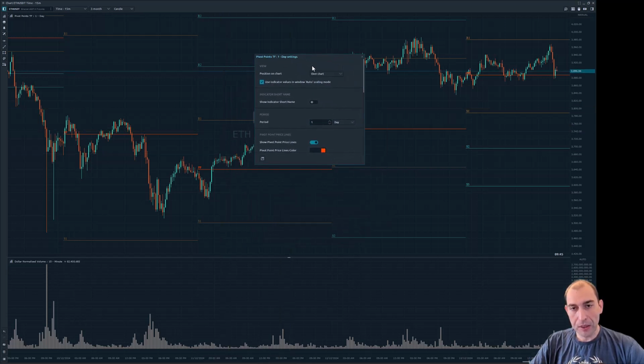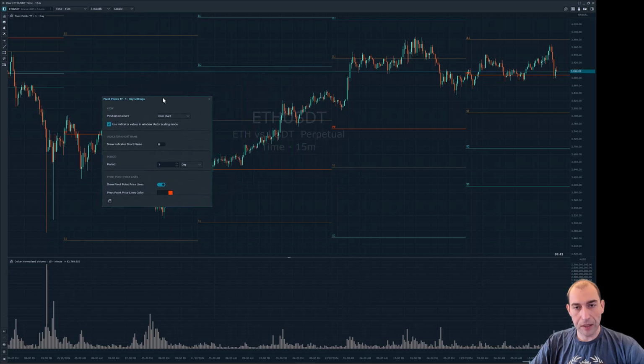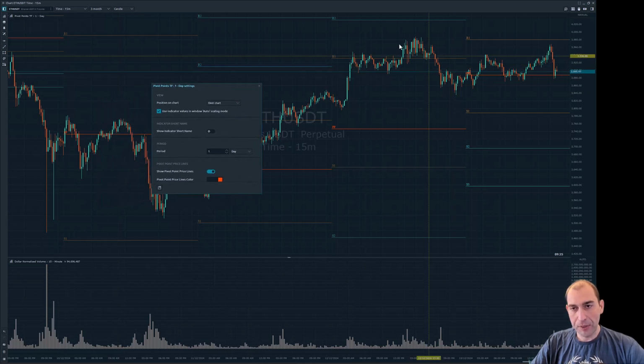Okay, so right now we have a 15 minutes chart with 3 months of data, and the pivot points and support and resistance levels are calculated based on a 1 day time frame. Of course, you can adjust this time frame. You can use days, hours, minutes, but what's important is the pivot point indicator has to be always higher than the chart.